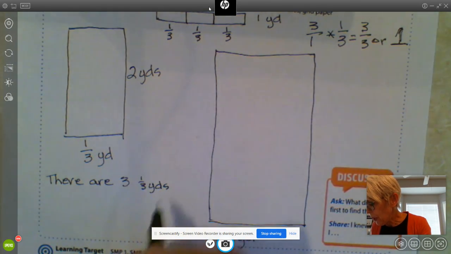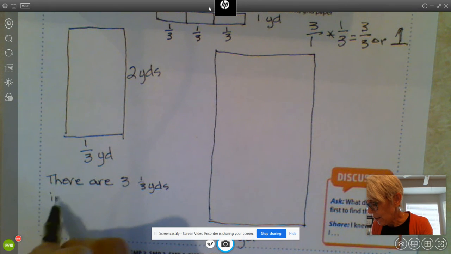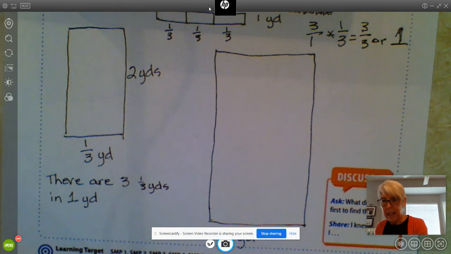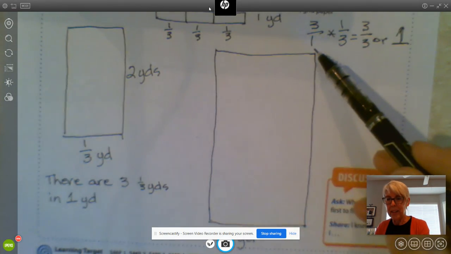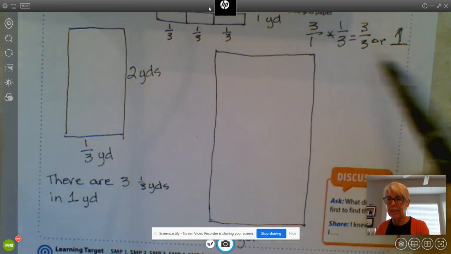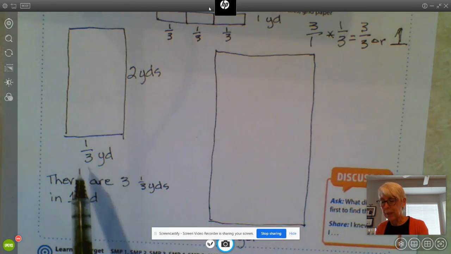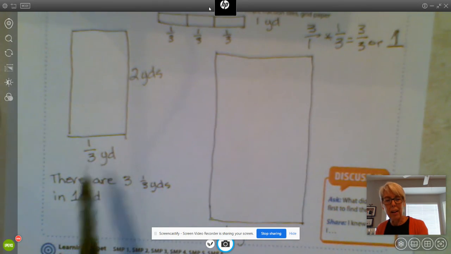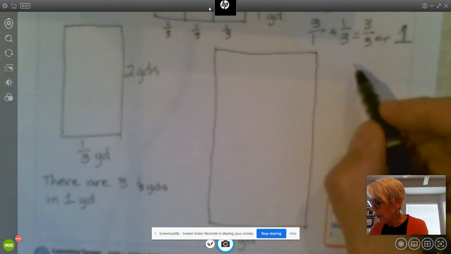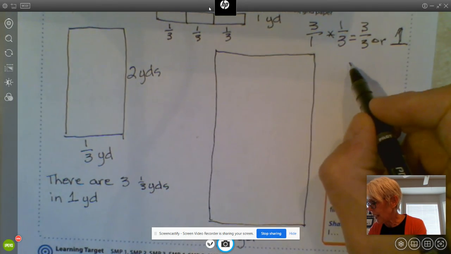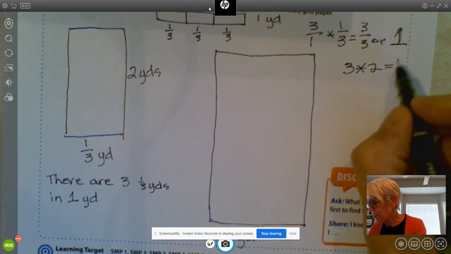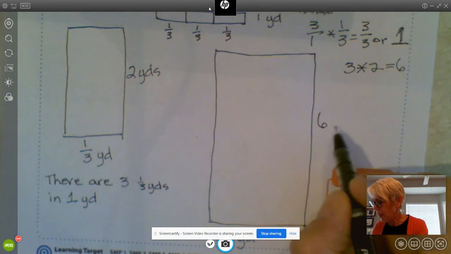So we know that there are 3 1/3 yards in 1 yard. And basically what I did up here is I multiplied 3 by 1/3 to get a yard. So if I multiplied 3 by the width, I also need to multiply 3 by the height or the length of the rug. So I'm going to multiply 3 times 2 equals 6. And right here we've got 6 yards.